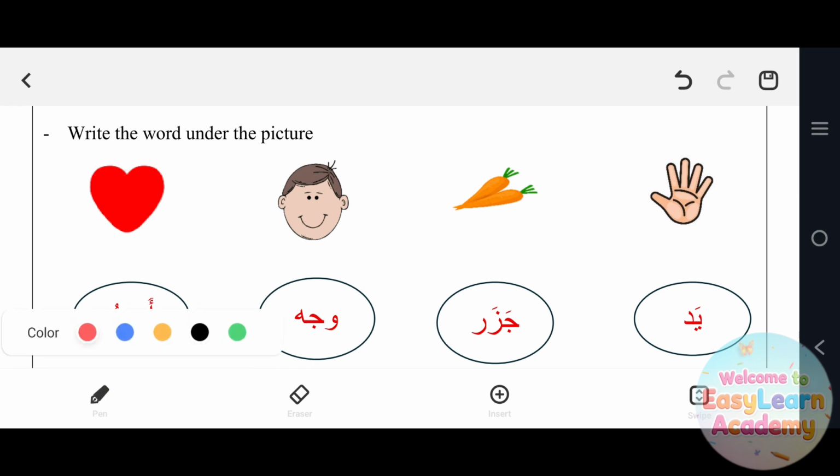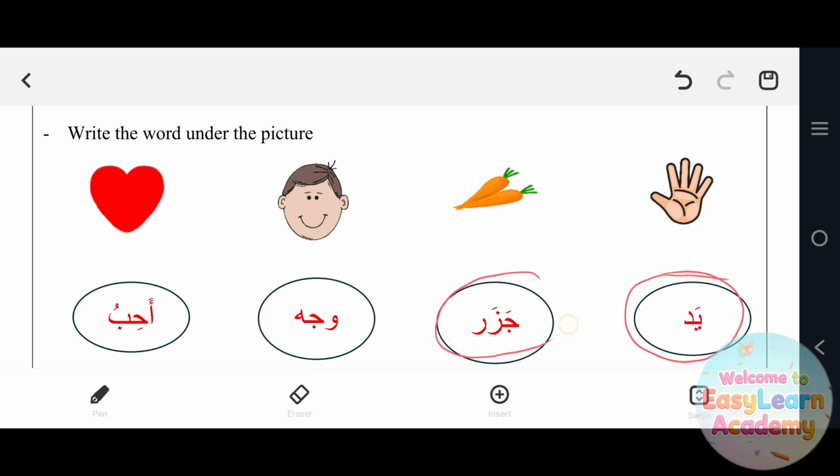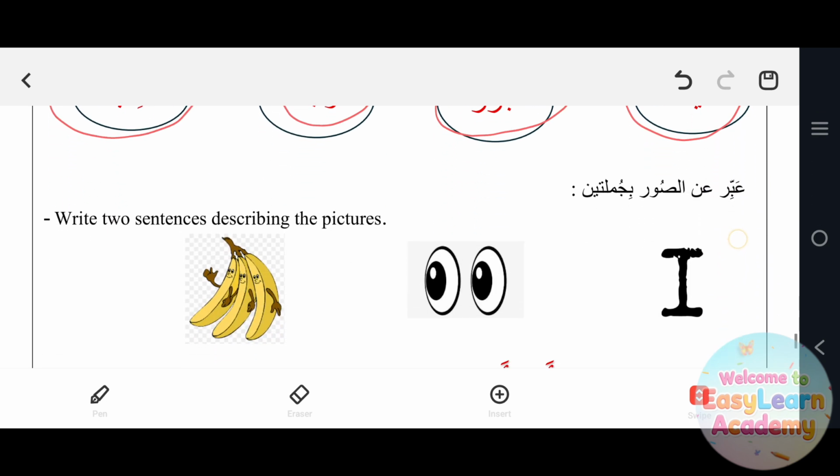We will write ohebo. Again, the first one is yadun, the second is khazarun, the third is wajhun, the last is ohebo. Now we will move to the next one.